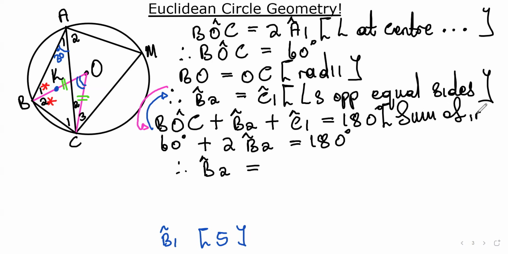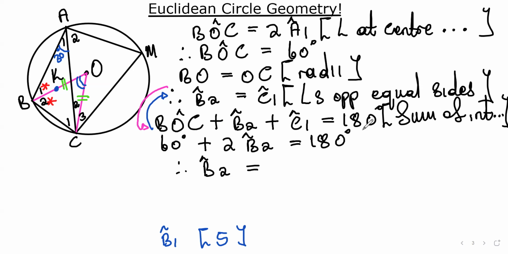That's because the sum of interior angles of a triangle is 180 degrees, right? Then what is B2? Easy. 180 degrees minus 60, you get 120.